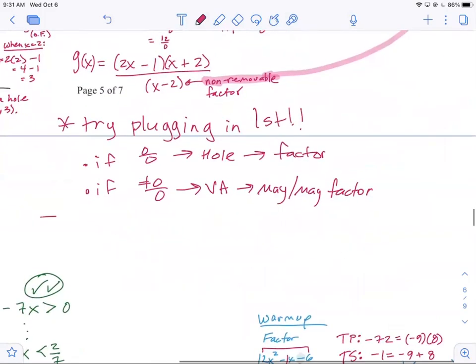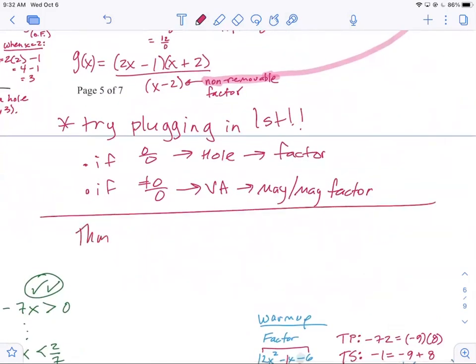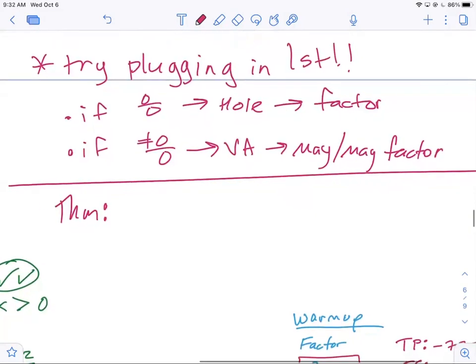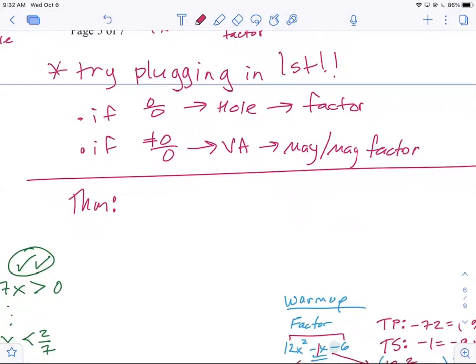Now here's another important theorem that we're going to be using, okay? And I've been talking about it, but I want to state it, okay? It says x equals a is a root, which is also known as a 0, right?